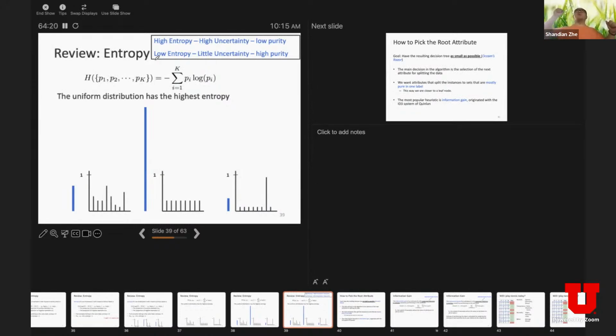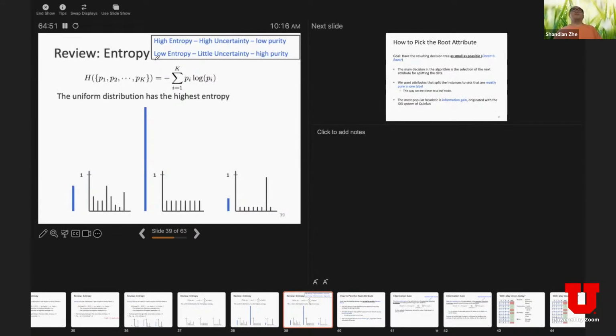So you are pretty certain about the labels in your data set, which means the purity of your labels is high. Does it make sense? So you can see that purity and entropy look like two sides of a coin. High entropy means low purity. Low entropy means high purity.